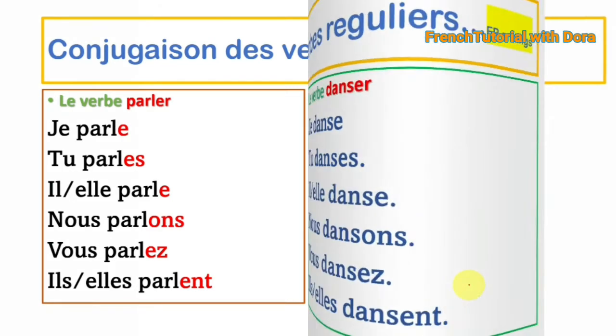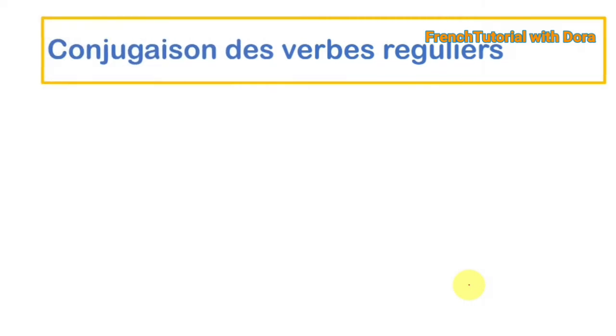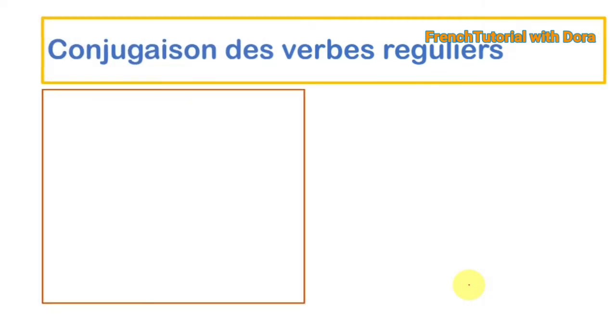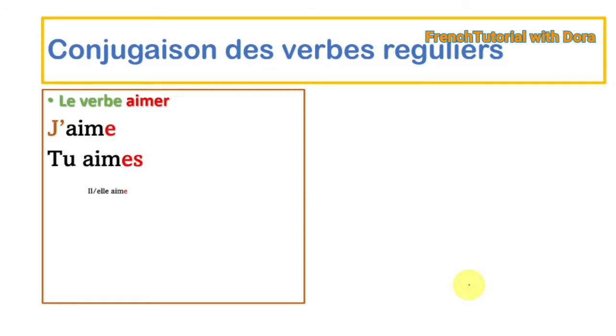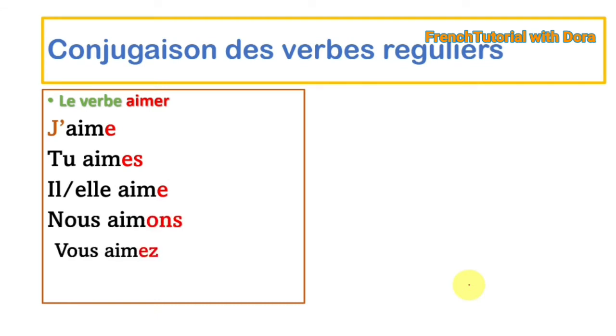Simple present. Let's go on and look at some other er verbs. The next is the verb aimer, to like or to love. Let's see how it goes: j'aime, tu aimes, il aime, elle aime, nous aimons, vous aimez, ils aiment, elles aiment.